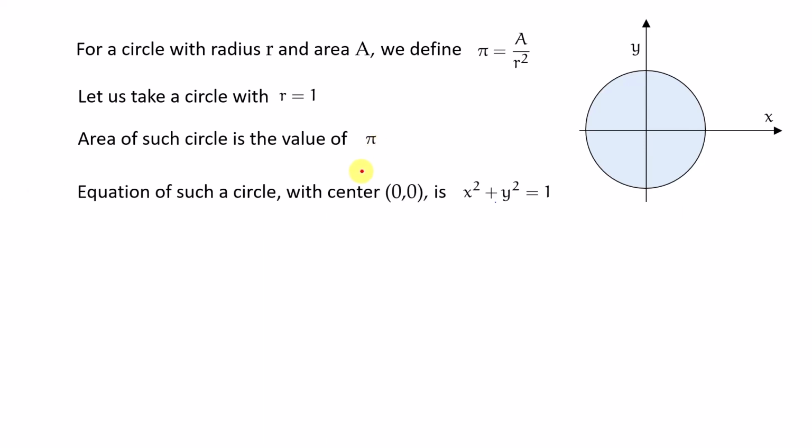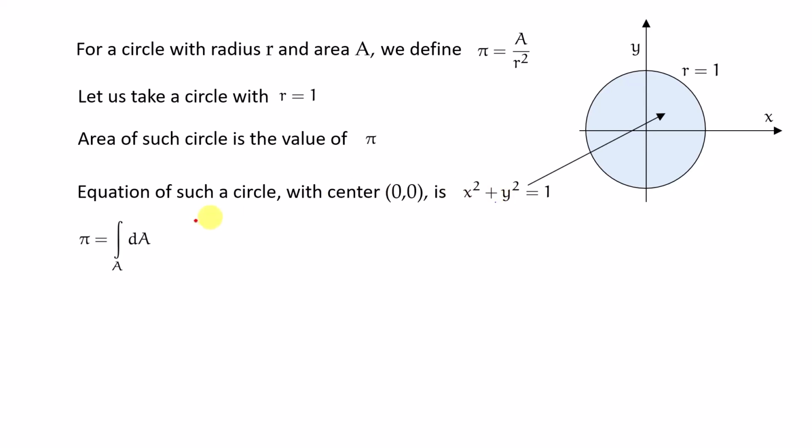We'll take a circle with its center at origin, its radius 1, just like this, and we know the equation of such a circle will be x square plus y square equal 1.